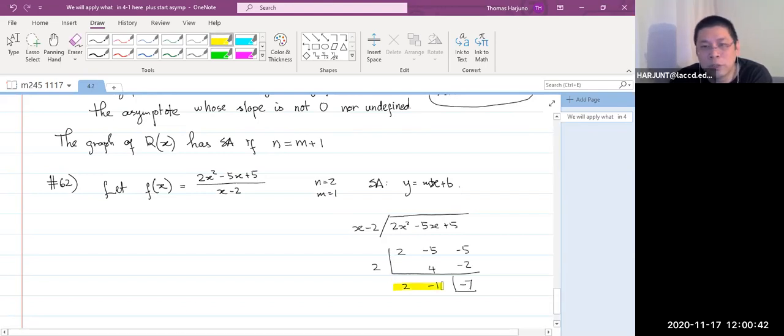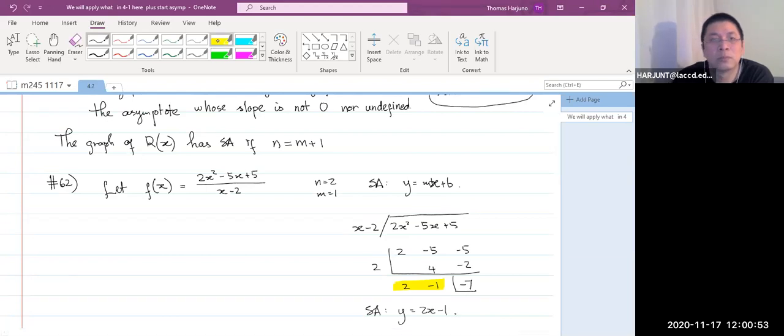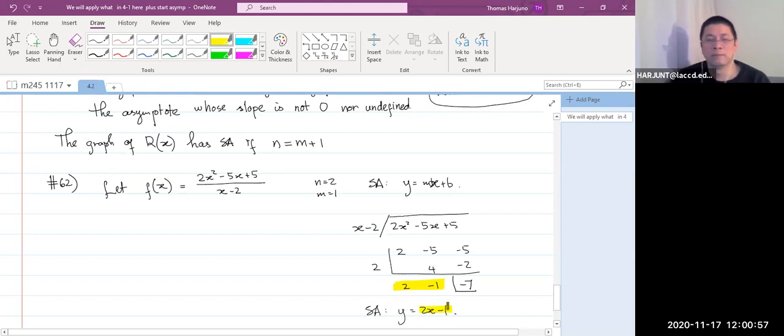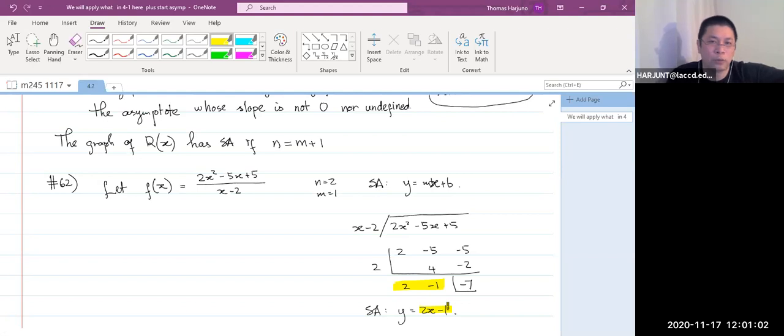So the quotient 2x minus 1 will be the slant asymptote. Okay, that's basically the only thing new for you.